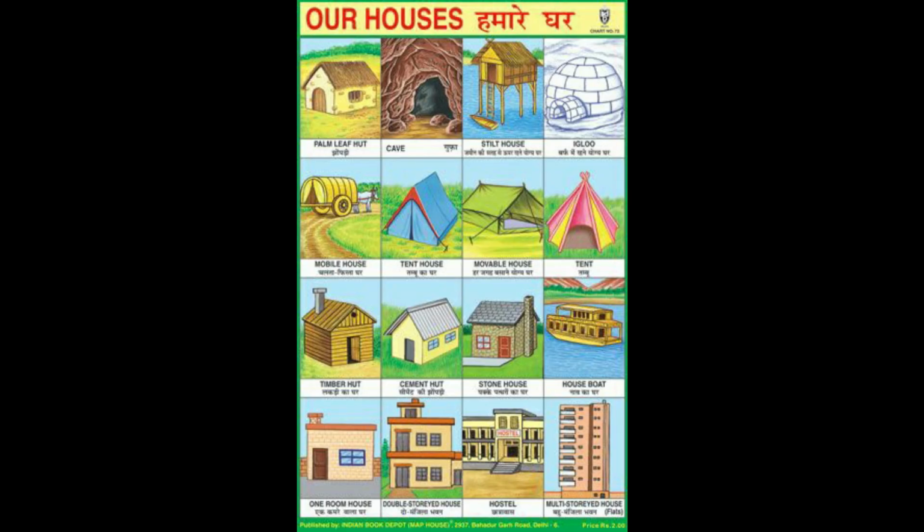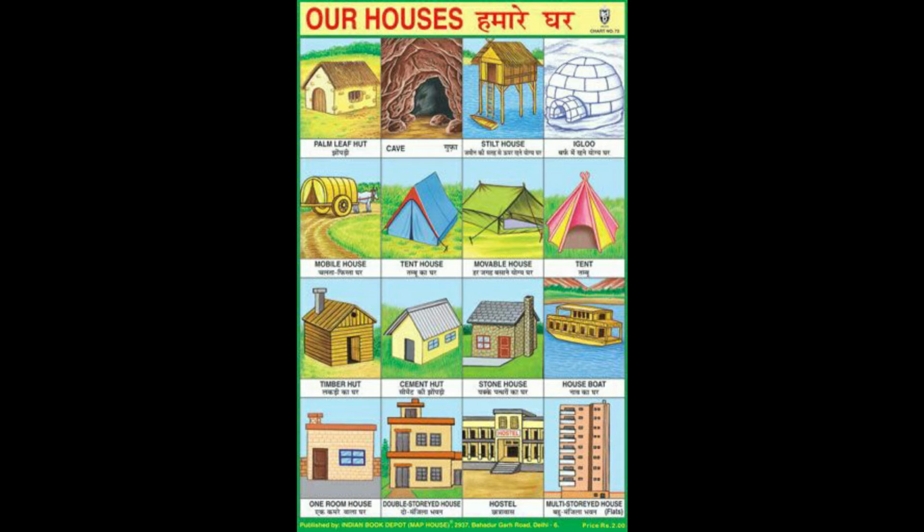The points mentioned here are taken into consideration for building a house: how the structure should be according to the environment, whether that region has medium, low or high rainfall, whether it is a desert region, moist land, marshy region, mountainous region or plains. So many factors are considered according to the environment and natural resources of that place, and the houses are built in that pattern.